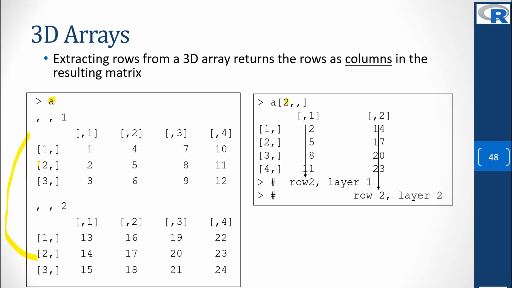You've got a row 2 here, and in the second slice, you've got a row 2 here. And so R gives us this output in a column-wise fashion, where row 2 from the first slice is here. That's 2, 5, 8, and 11. And then row 2 from the second slice is here, and that's 14, 17, 20, and 23.